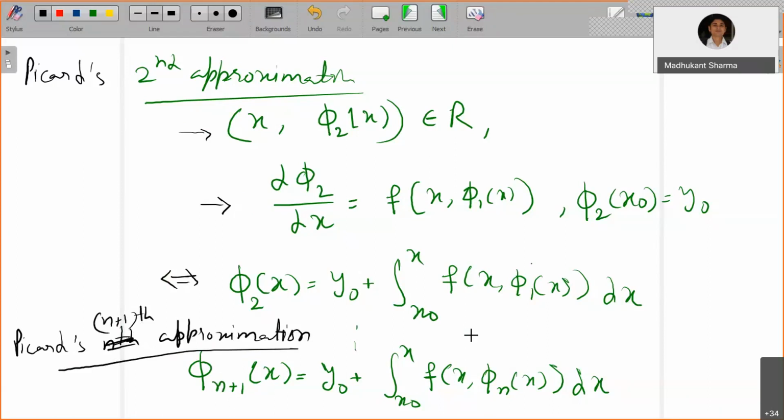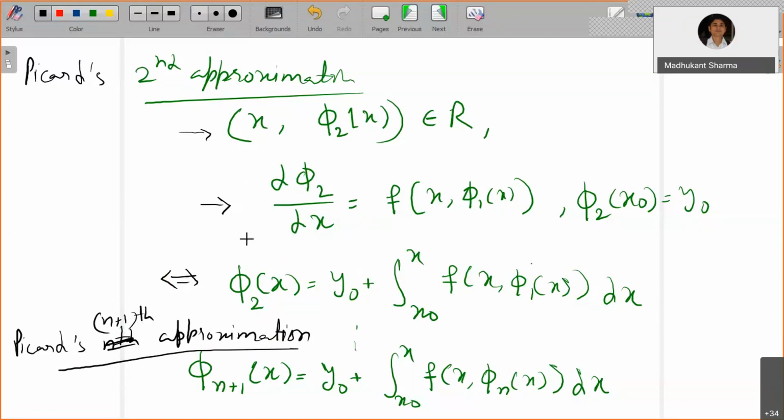Now, we wish to avoid theory here. But the conclusion is, if Picard imposes the same conditions, that f is continuous and satisfies the Lipschitz condition, then this sequence of approximations will tend to the solution of the original equation, and that will give the guarantee.